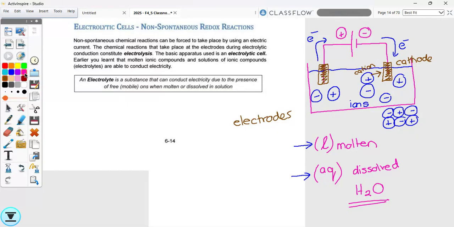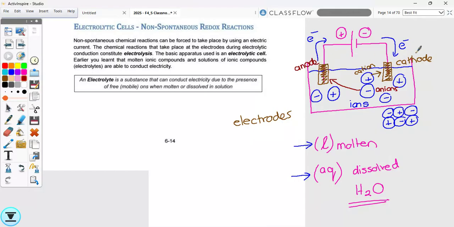And then the same on the other side. You've got the positive electrode, so that means the negative ions are going to be attracted there. What were the negative ions called? Anions. So that means the anions will be attracted to the anode.